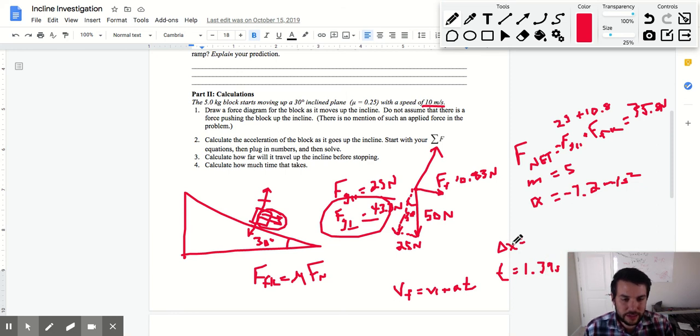And then I can use that to find delta x using delta x equals VIT plus 1/2 AT squared. I could also use VF squared equals VI squared plus 2AX. Let's just do that one. So when I use VF squared equals VI squared plus 2AX, I get 6.94 meters.